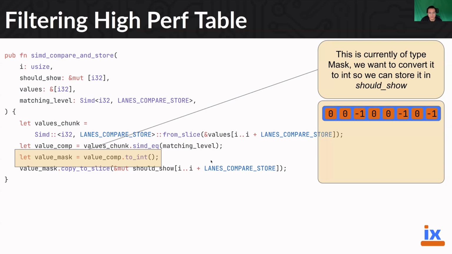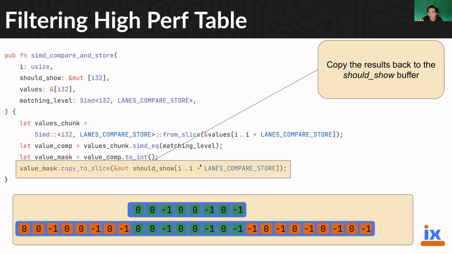And then we can copy this slice back into our original array. In this case, it's not our original array, it's the should show array, but we can take those 8 values and place them back where we want them to be. And again, all the operations are done on 8 values at the same time.